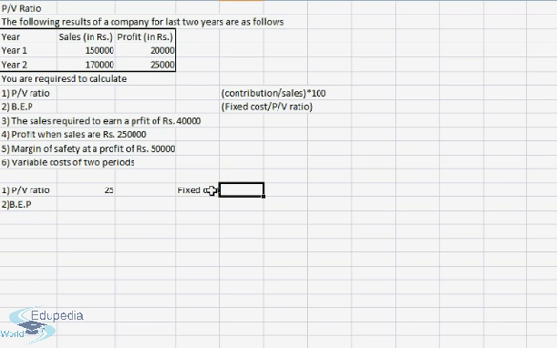The formula would be sales multiplied by PV ratio, that is 25 by 100, 25%, and we deduct profit from that.